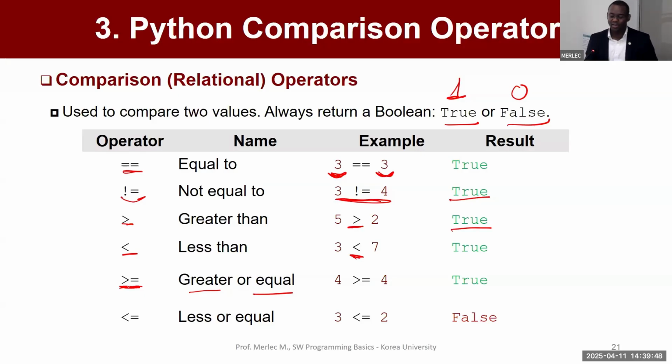But here, they are used for comparison, to check the relationship between the value or expression on the right and the value or expression on the left side. So do not be confused about that. If you would like to check less or equal, use the less than symbol with the equal sign.